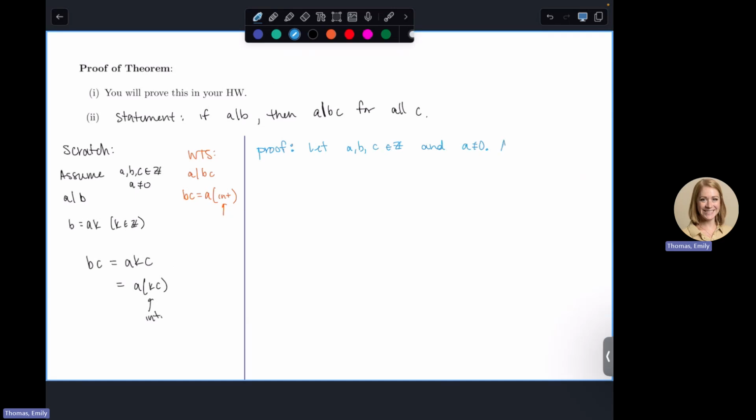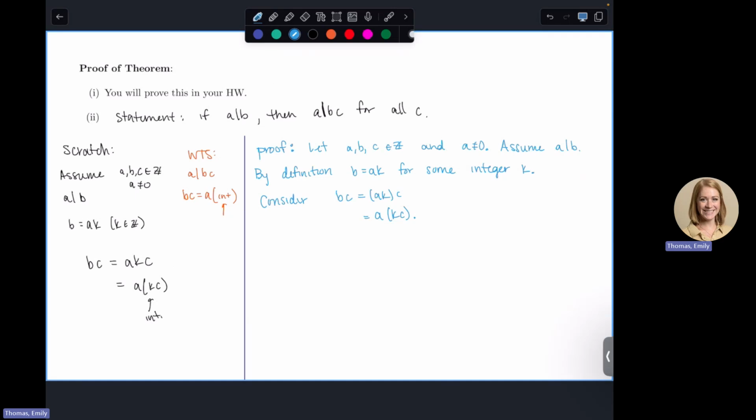And then we're going to say what we get to do, which is to assume that A divides B. I'm going to say something like, by definition, B is equal to A times K for some integer K. And we're going to say consider B times C, which is equal to A times K times C, which is equal to A times KC.